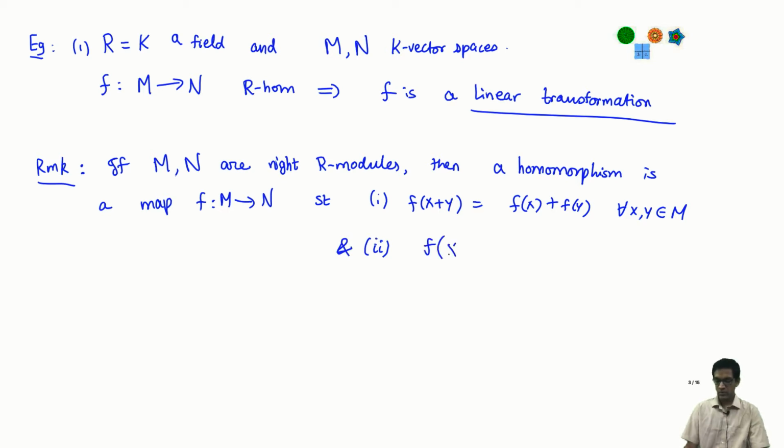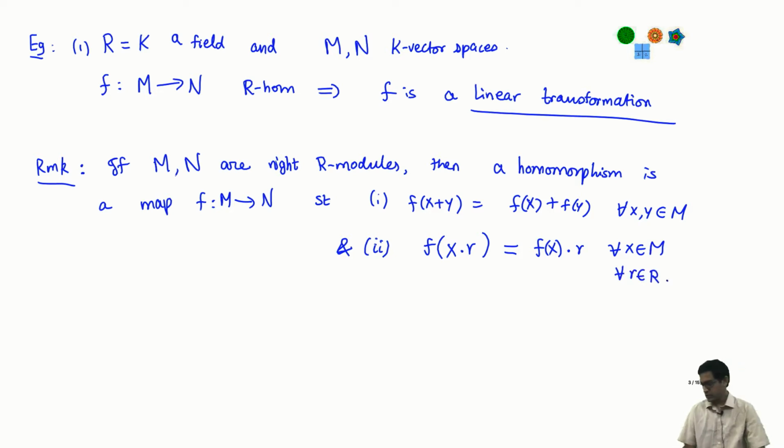Recall I spoke about this notational convention for right modules. We often think of it as the scalar multiplying on the right. So f of x dot r is f of x dot r. If you have a map satisfying these conditions, then you would call it a homomorphism of right modules.